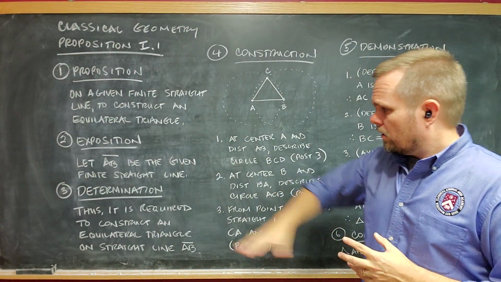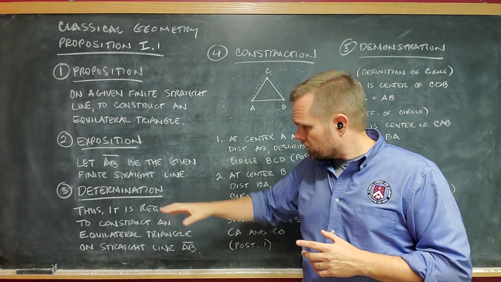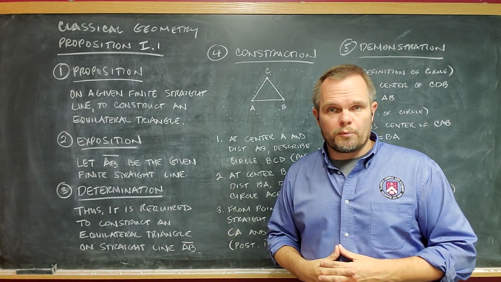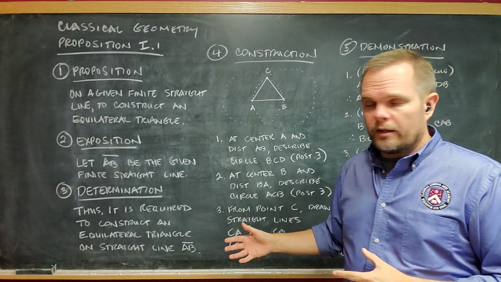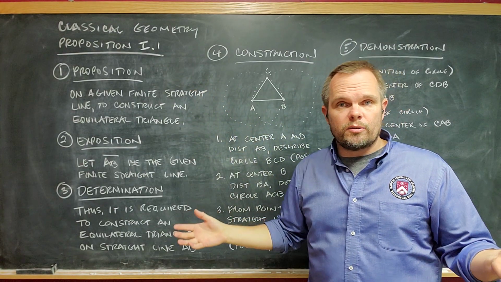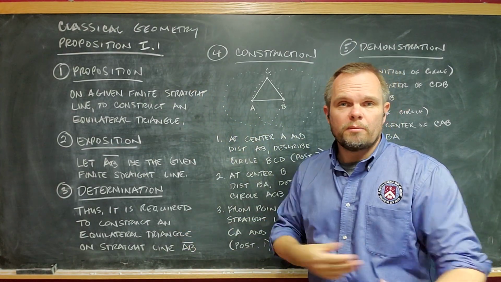Now, all of this solution that's written out here is a traditional solution to this first proposition. It's not the only possible solution. In fact, we could just start with the proposition and say, hey, students, figure it out. How can we solve this problem here?